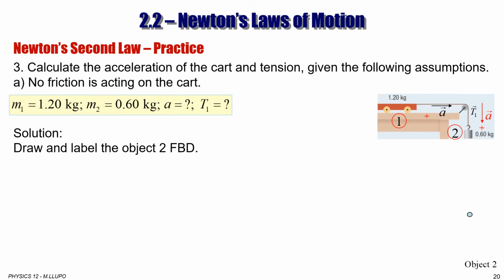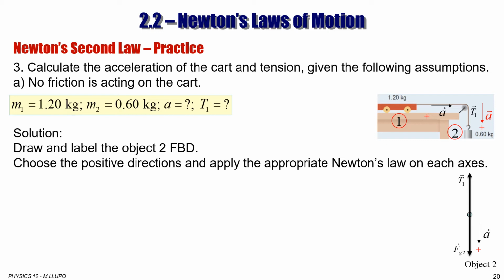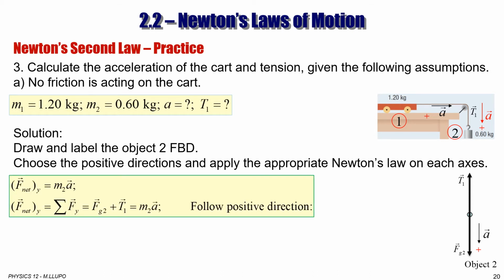Now we can draw and label the object 2 free body diagram. The free body diagram for object 2 is simple because we have only one direction. It's Fg2 and T1. The direction of the acceleration is down, so we can use Newton's second law on that direction, on a y-axis.